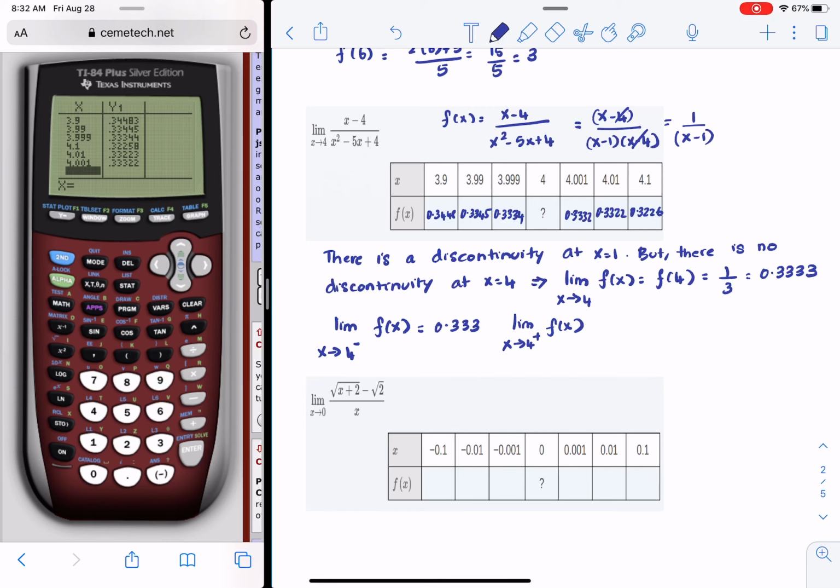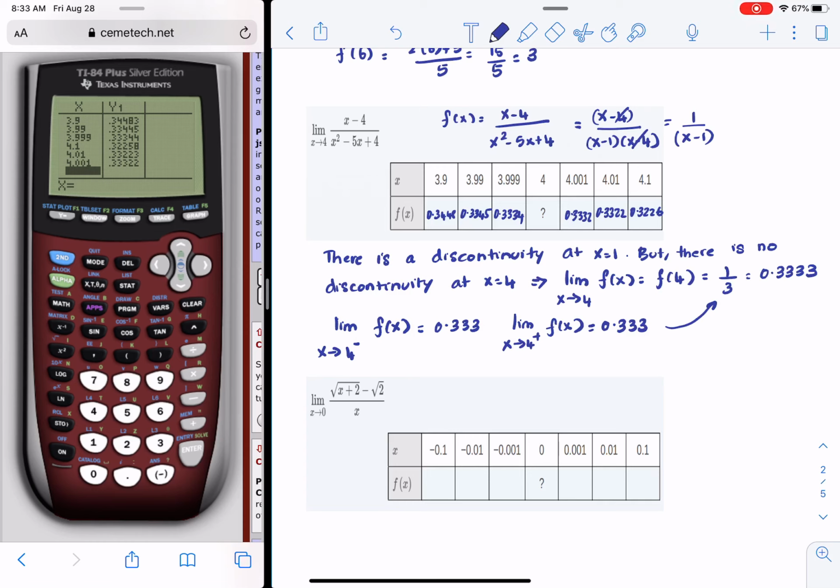Now we can only get closer to the limit value, we won't get the exact value because the exact value could only occur at x is equal to 4. So that is 0.333, and we know the limit is in fact 0.3333.